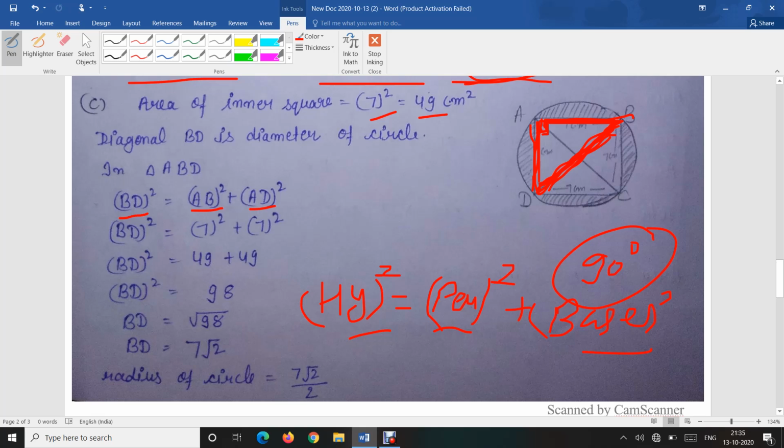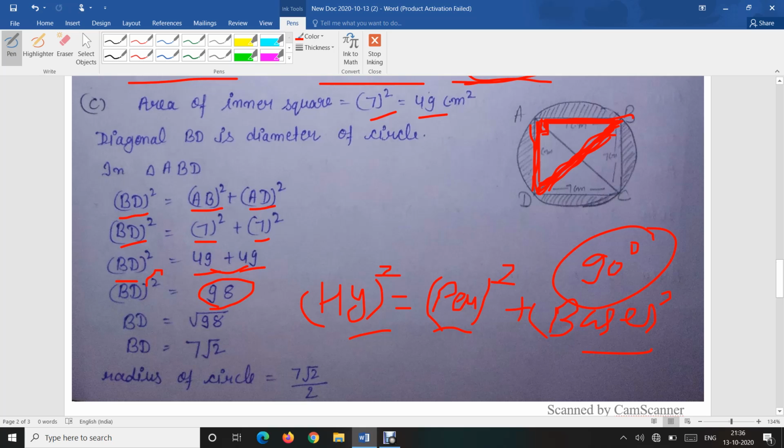Now you can put in the values. AB and AD are also sides of this square whose length is 7 centimeter, so they are the base and perpendicular of this triangle. So BD square is equal to 7 square plus 7 square, which is equal to 49 plus 49, which is equal to 98.